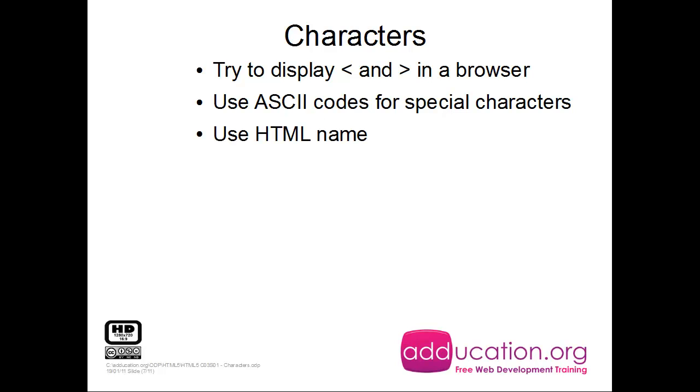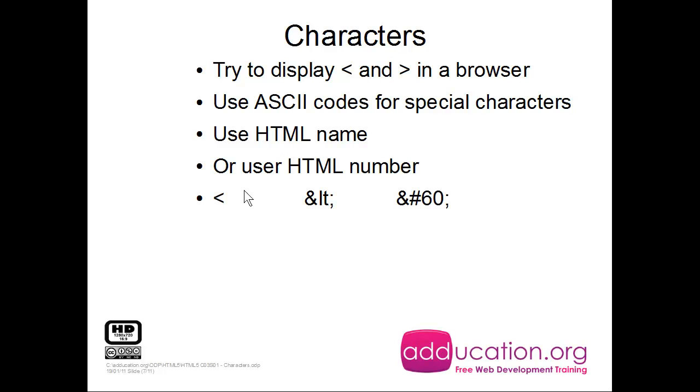Some of the characters have an HTML name, and all of them have an HTML number. For instance, I want to display the less than sign. I can display it with ampersand, LT, which stands for less than, and then the semicolon. So this will display the less than sign.